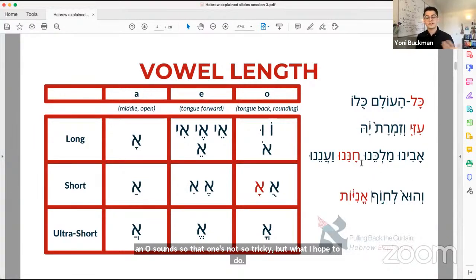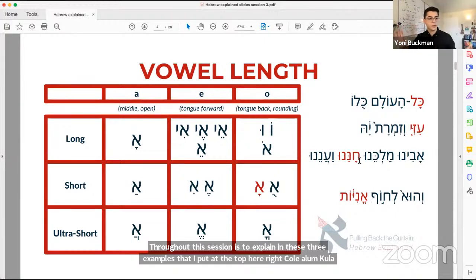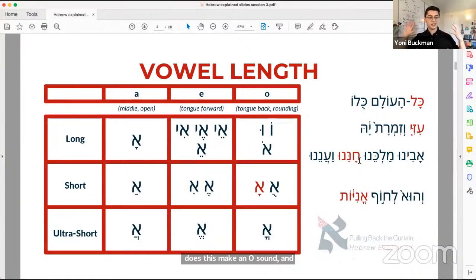And also, this is famous from the High Holiday service, Avinu Malkenu, chonenu va'anenu, right? This is an O sound under the chet. A lot of people, you've said a word for a really long time, and then you finally look in the Siddur or the Chumash and start reading it, and you're like, oh, I've been saying this wrong this whole time. This is an A vowel. It must make an A sound. Even though I've been trained that it makes an O, it does make an O, and we're going to talk about why.